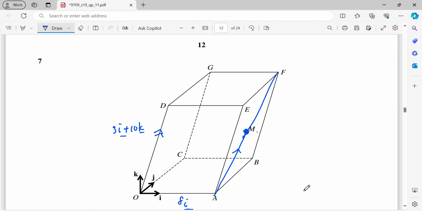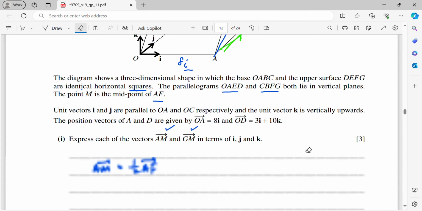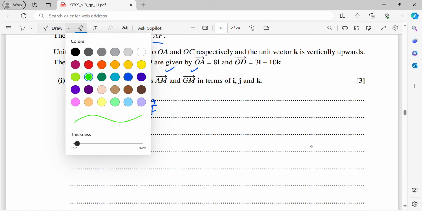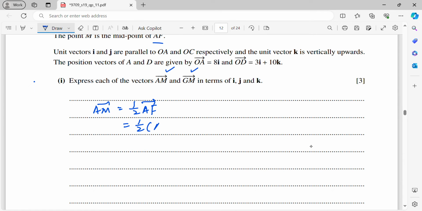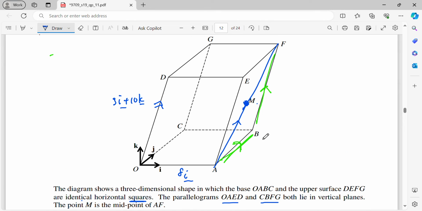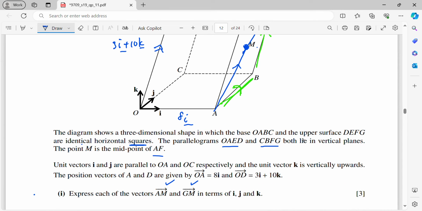Now AF, how to get it? That is basically the vector AB plus vector BF. That is your AF. Okay, so here I will write AB plus BF. Now, my AB, okay, because you look at here, the base is horizontal square, right?